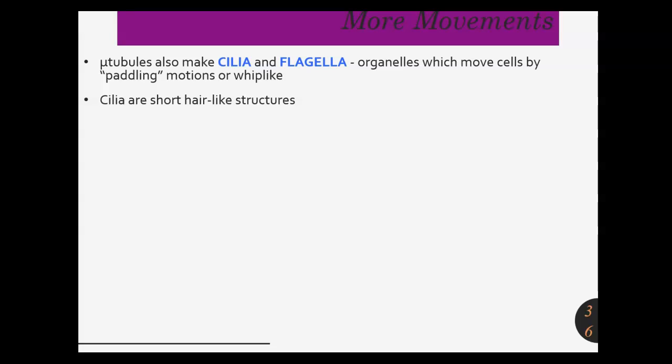whereas cilia are for movement. We find them in the unicellular paramecium, and we also find them lining our respiratory tract. Their function is to help with the debris that we're breathing, the dust and so forth.